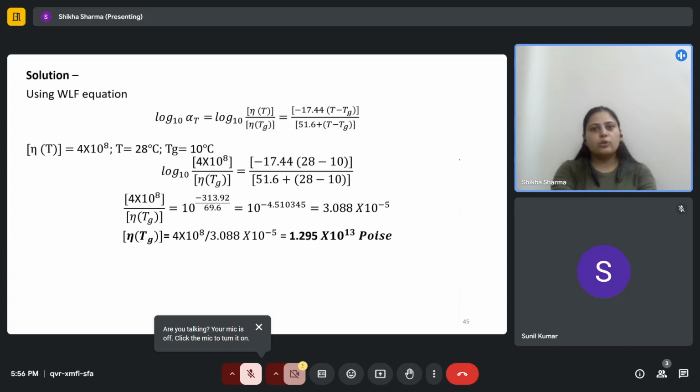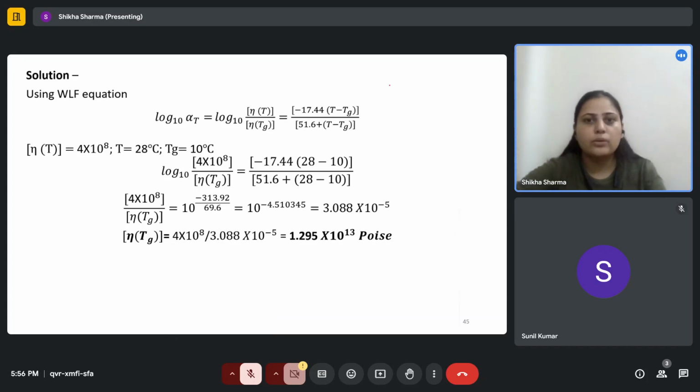So we can use the WLF equation, where the viscosity at temperature T is given as 4 into 10 to the power 8. So log 10 of 4 into 10 to the power 8 divided by the viscosity at Tg, which we need to calculate, equals minus 17.44 multiplied by the temperature 28 minus Tg, which is 10.